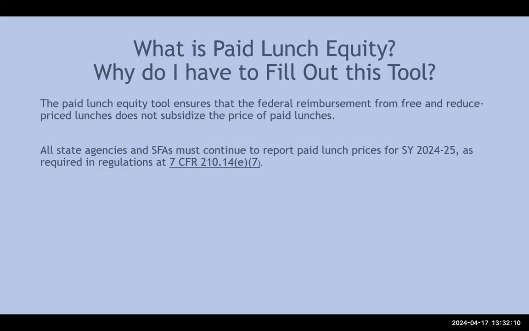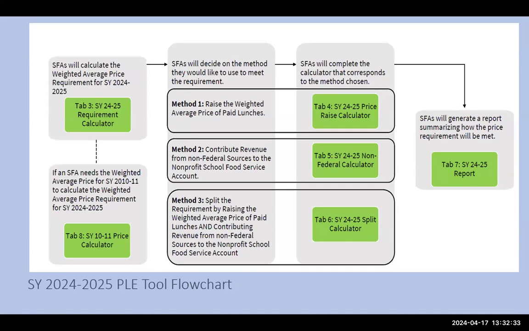All state agencies and school food authorities must continue to report paid lunch prices for school year 24-25 as required in regulations at 7 CFR 210.14(e)(7). The state agency also needs to track who has taken the exemption. USDA included this great flowchart to help SFAs determine which tabs in the tool to use.